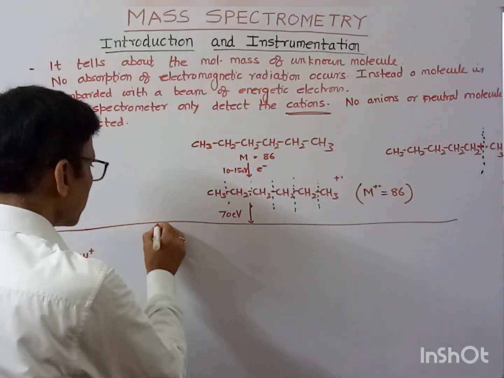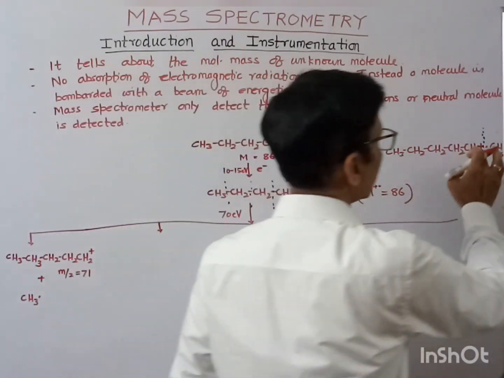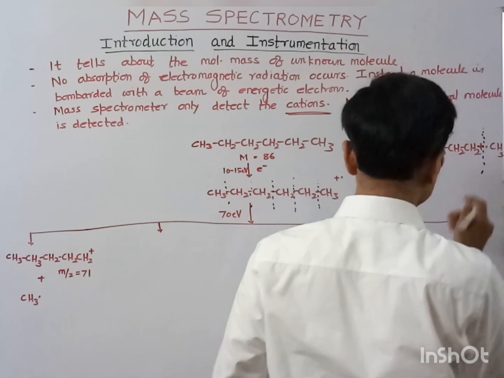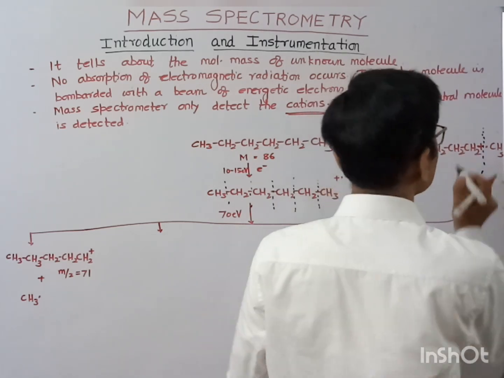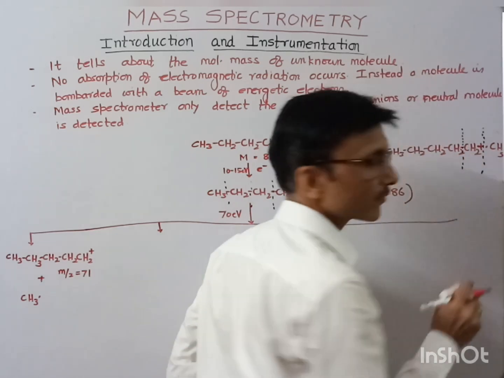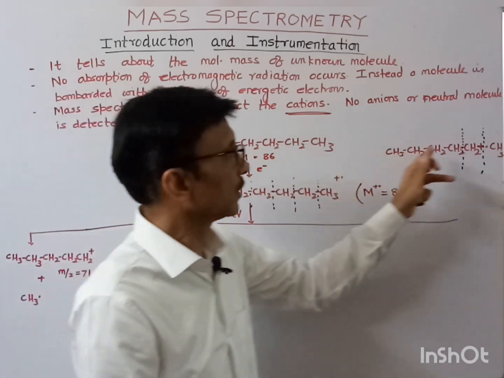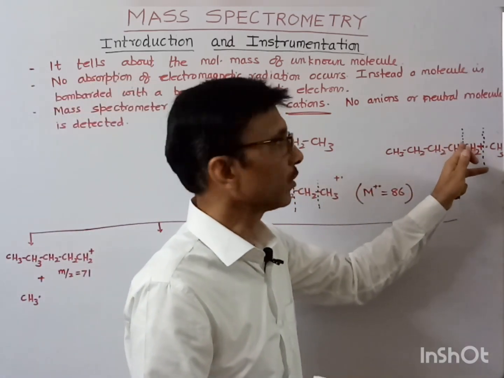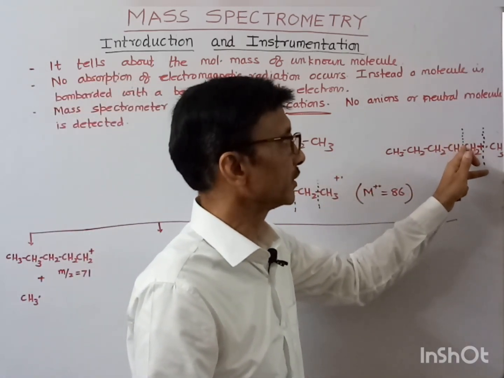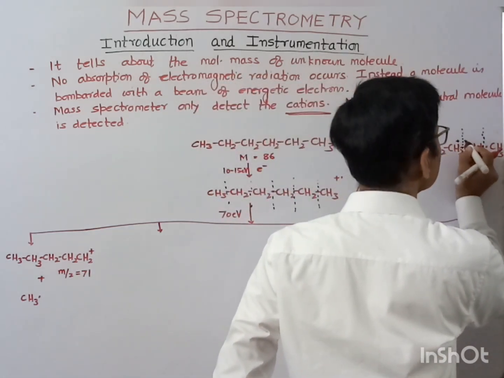Now the next fragmentation is possible from here. Suppose I fragment it from here. This is another possibility. Again, after bombardment of electron, one of the electrons will be ejected from this sigma bond. So again we may write this is plus and this is radical.